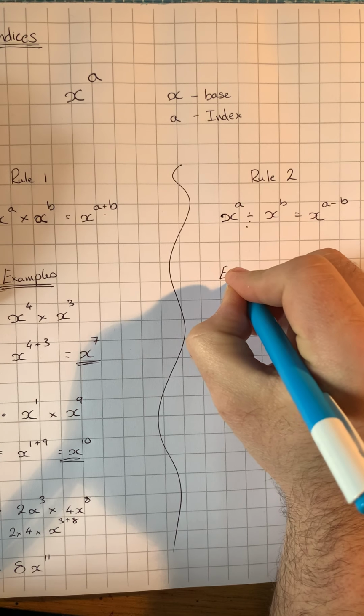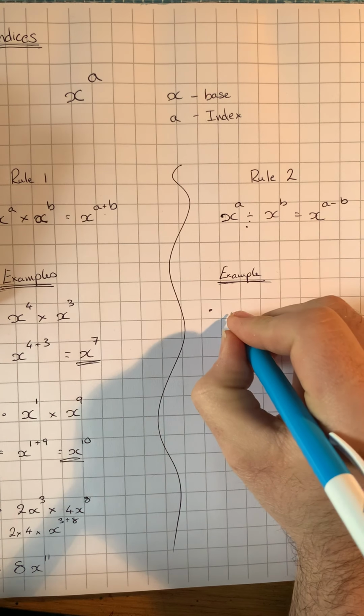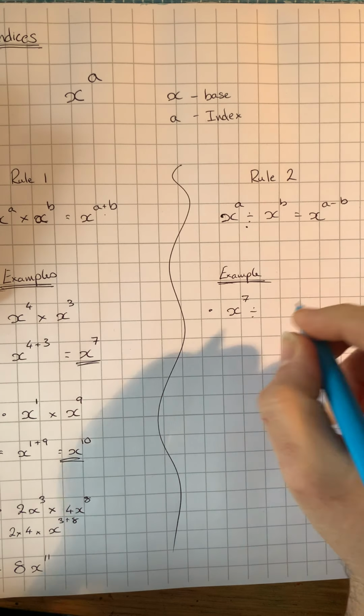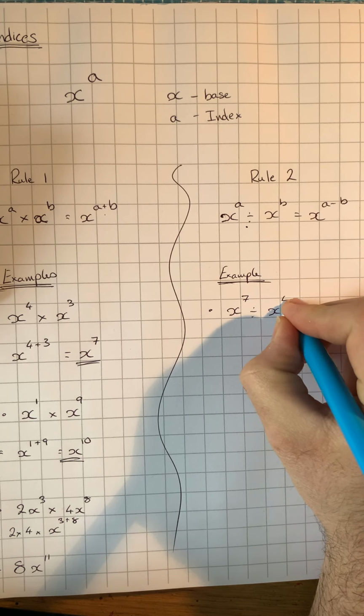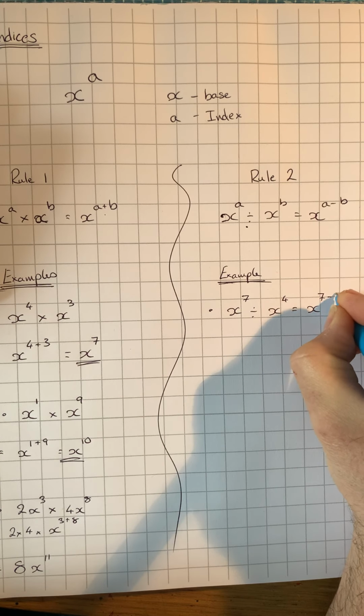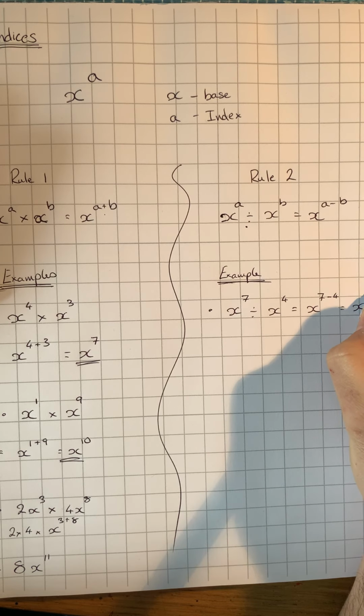And just to go through some examples, we have x to the 7 divided by x to the 4. That's the same as saying x to the 7 take away 4, which leaves us x to the 3.